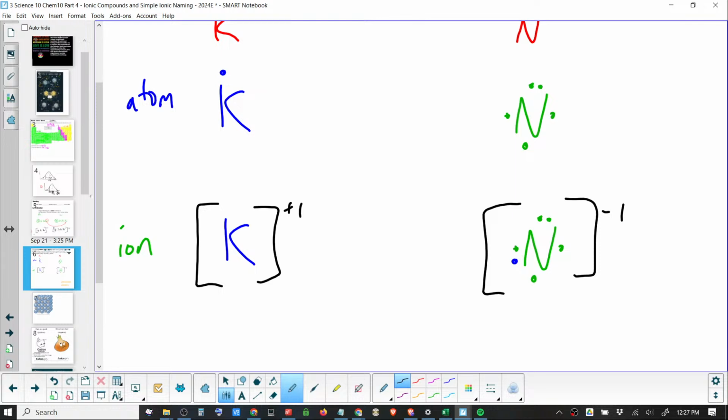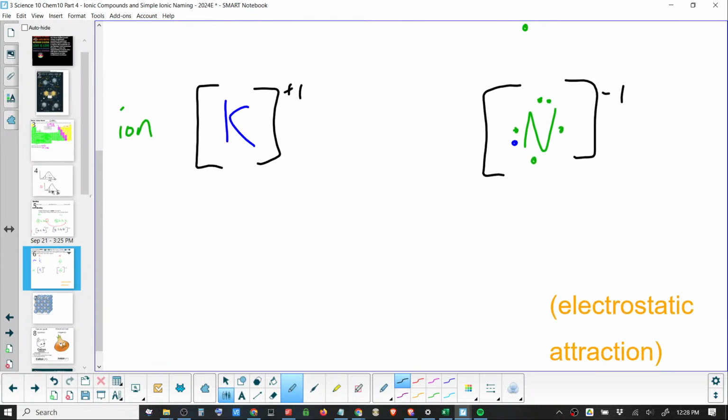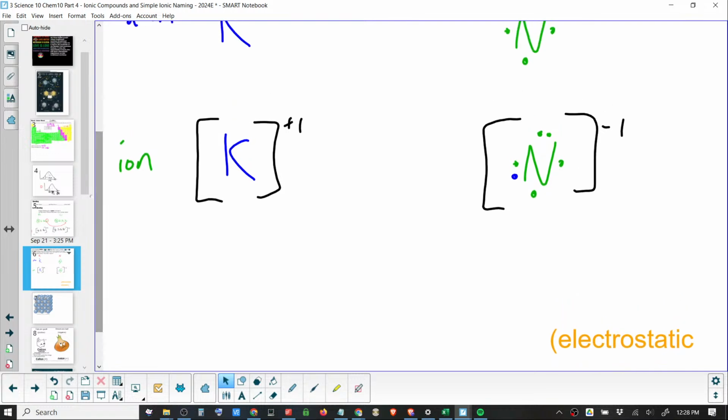However, this isn't stable, because how many electrons does it need? 2 more. So where does it get those electrons from? Not another nitrogen. More potassium. You just grab more potassium. You have as much potassium as you need. So, boom. We're going to need 3, so we're going to go like that.